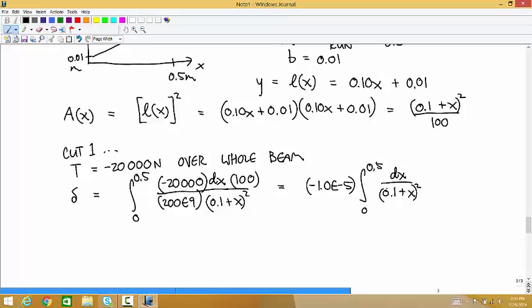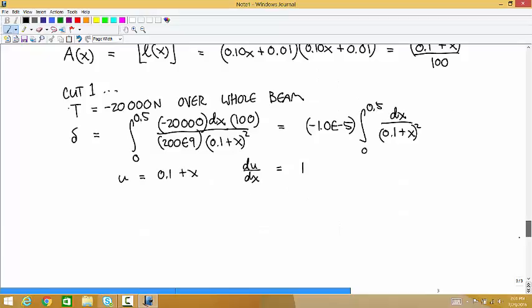Yeah, just use substitution, it will work fine. So if u is equal to 0.1 plus x, du/dx is equal to 1. So dx is equal to du.